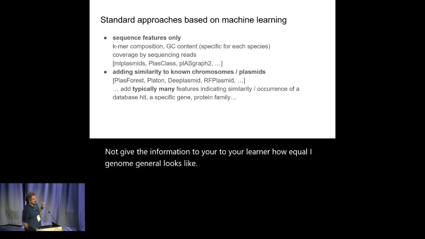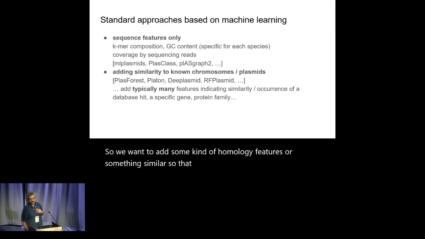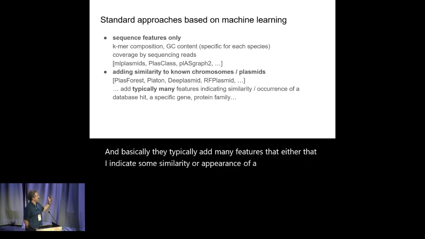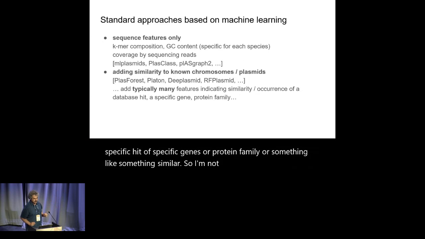So you want to add some kind of homology features or something similar. There is, again, a plethora of tools that do that. They typically add many features that indicate some similarity or occurrence of a database hit, or a specific hit of specific genes or protein families or something similar. I'm not going into a more detailed explanation of these tools.